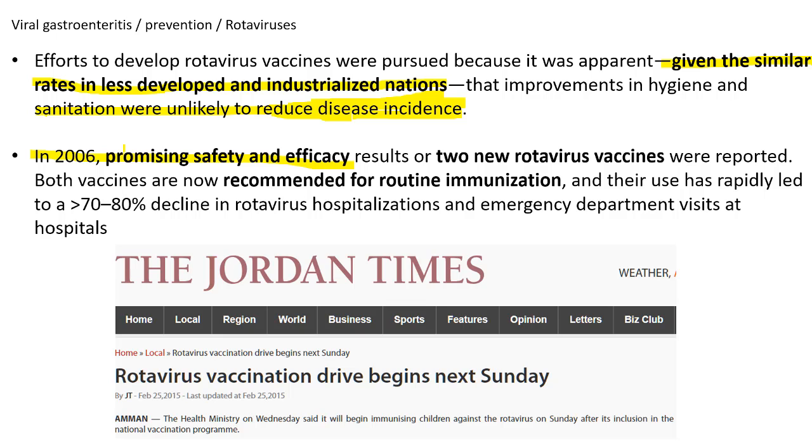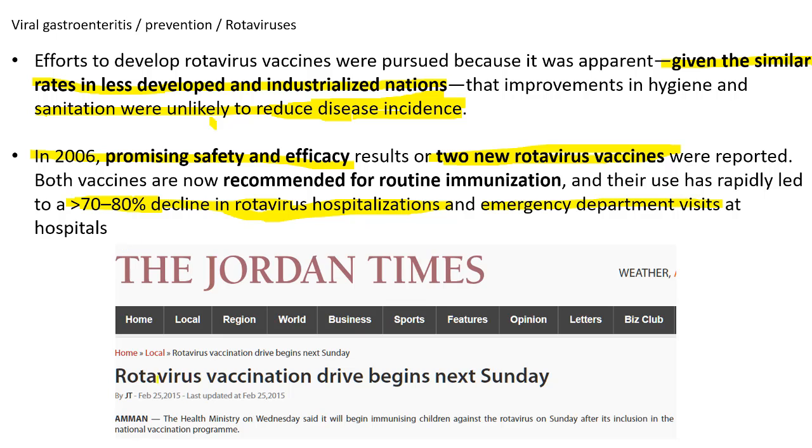And how did they do that? They came up with a vaccine. Actually, they came up with two new vaccines through large studies in several regions in the world. They finally came up with two safe rotavirus vaccines, and those vaccines helped in a decline of more than 70 to 80%, quite a significant decline in rotavirus hospitalization and emergency department visits.